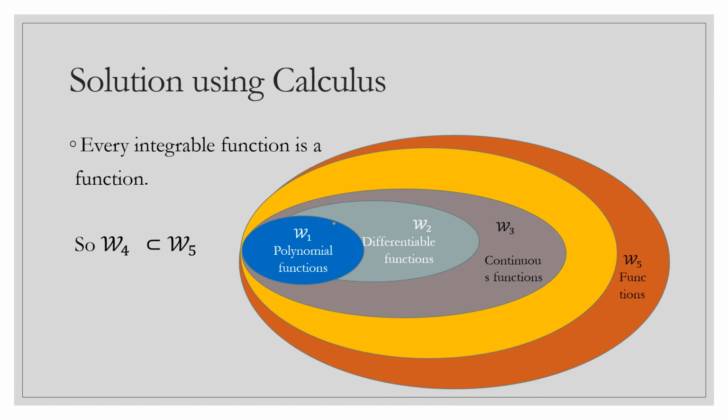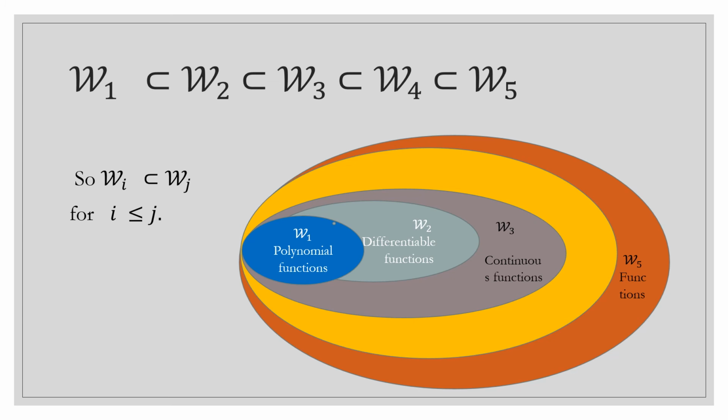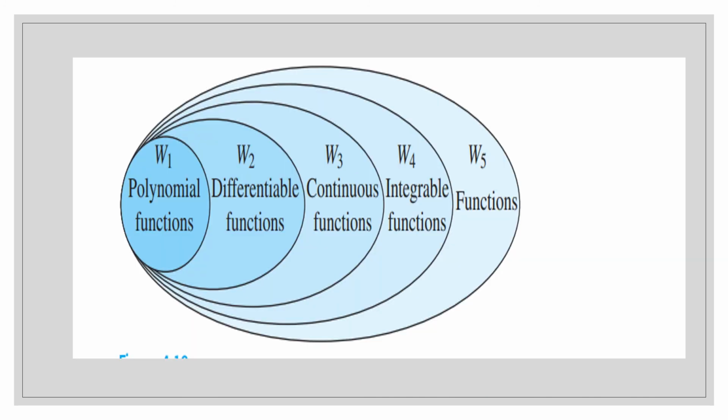So W4 is contained in W5, and hence W1 is contained in W2, contained in W3, contained in W4, which is contained in W5. So in general, if i is less than or equal to j, then Wi is contained in Wj. So we have the subspaces of functions as a very good example for vector spaces.